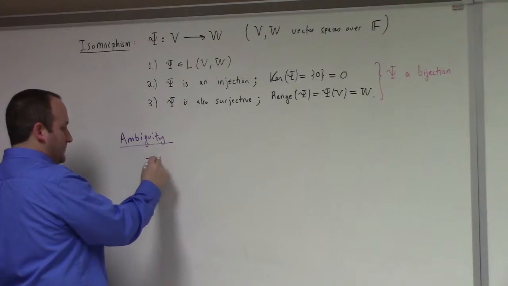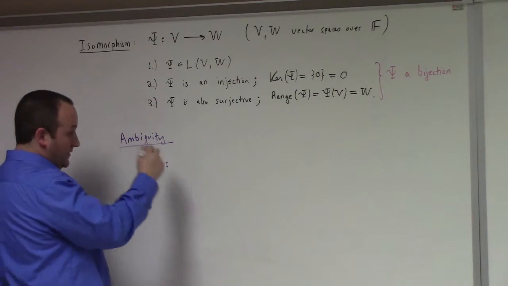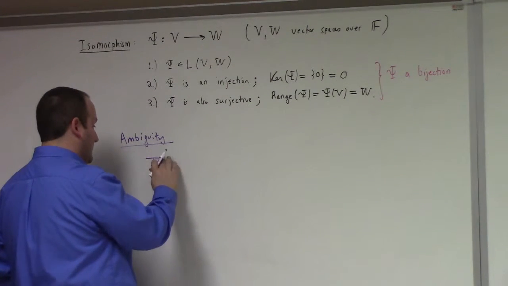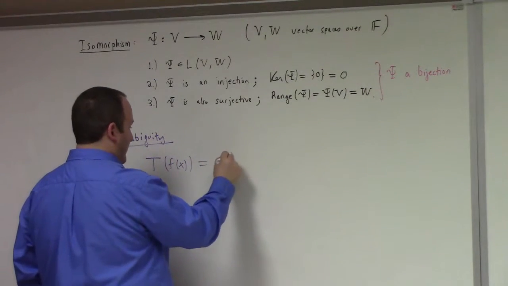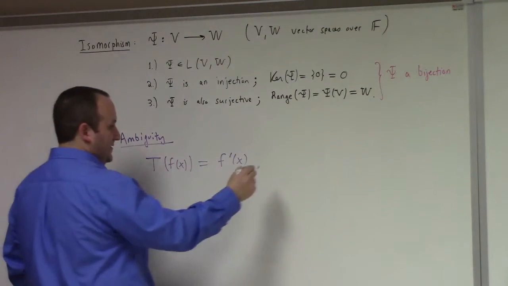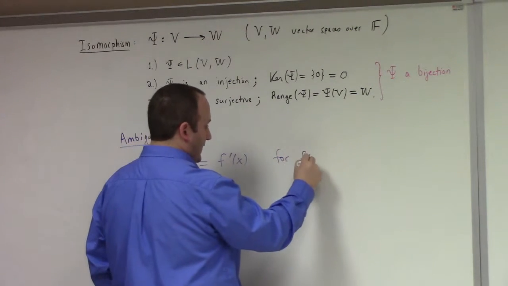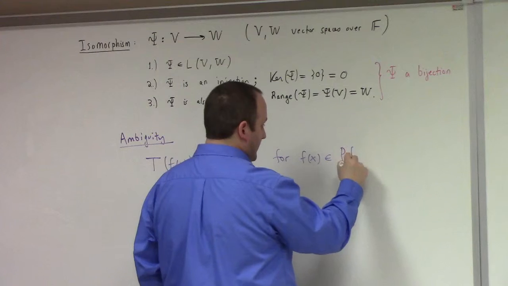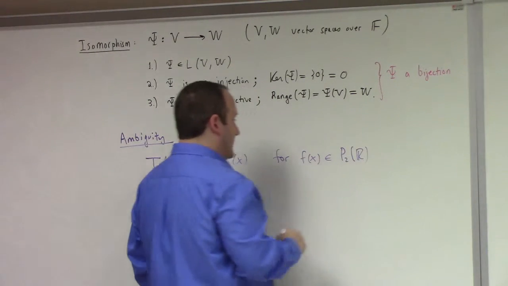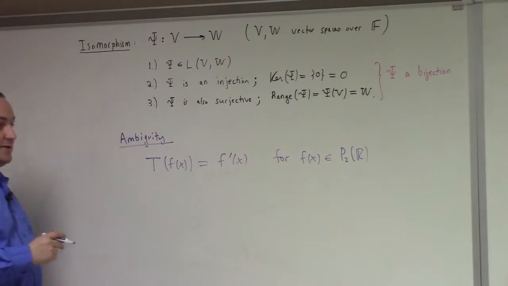If I have T, and it's a linear transformation, say, defined as follows, T of f of x is equal to f prime of x, and this is for f of x an element of, I don't know, P2(R), possibly degenerate quadratic polynomials.